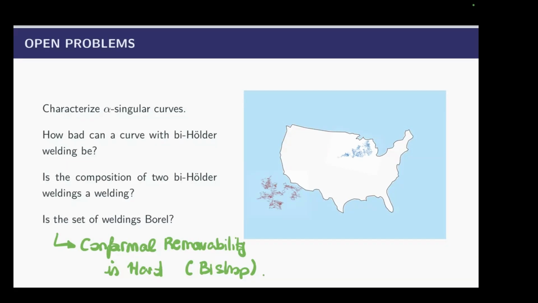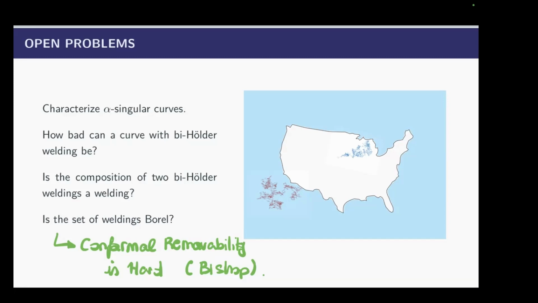I guess the basic problem that you mentioned is that beyond quasi-symmetric maps, we have no general class of weldings that is reasonably well behaved. Yes. I mean, there is an equivalent definition of welding that involves being able to solve a certain PDE, some sort of degenerate Beltrami equation.